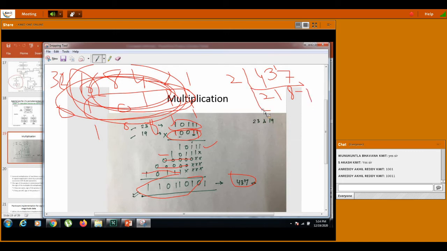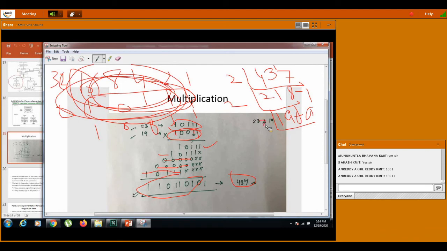Write 1 here. In the same way, divide again by 2. You take 18 together now, 2 9s are 18. Then 218 gives 0 as the remainder.